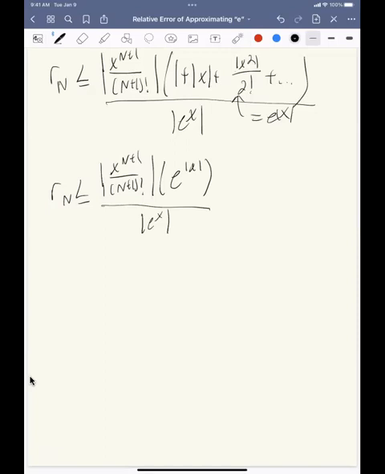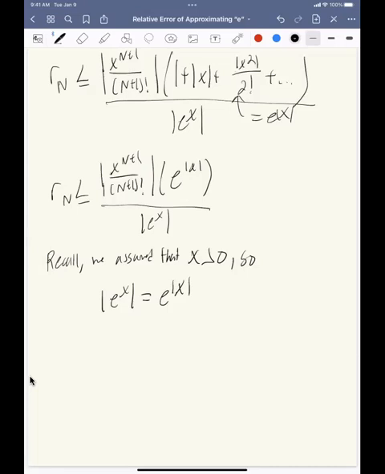Also, recall, we assumed that x is larger than 0. So we know that the absolute value of e to the x is equal to e to the absolute value of x, since x is greater than 0.